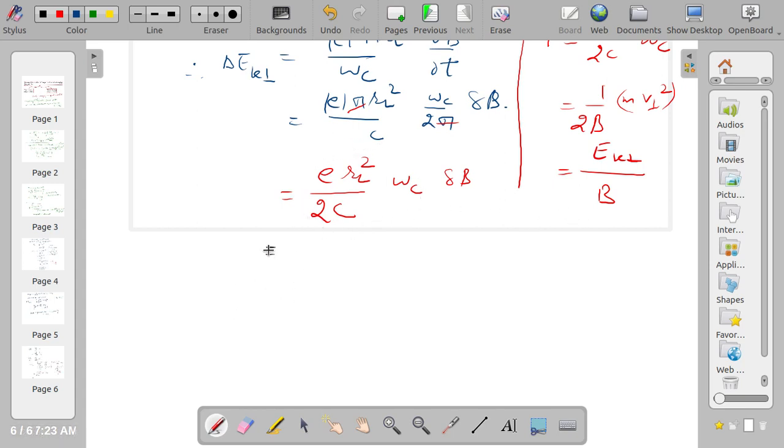So I can write it as change in E K, but this is equal to magnetic moment into this one. So that's what we are getting, that the change in kinetic energy is equal to this one.